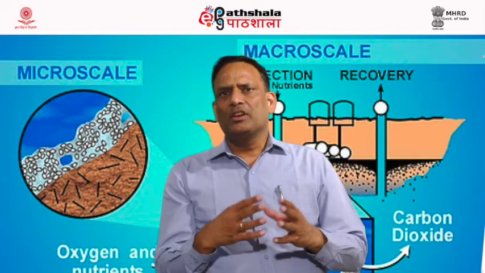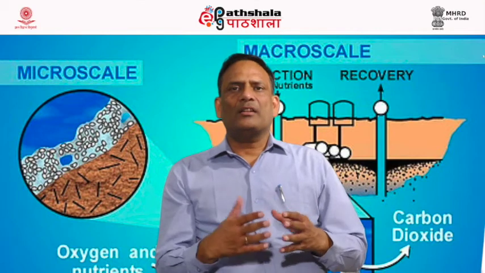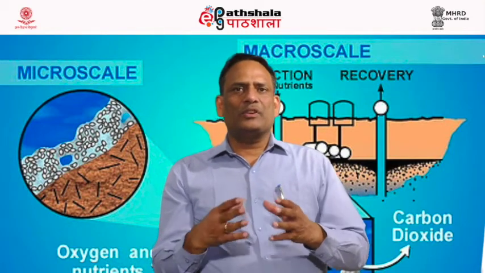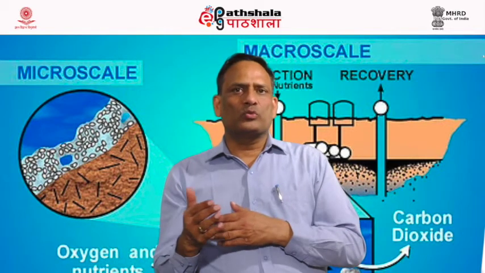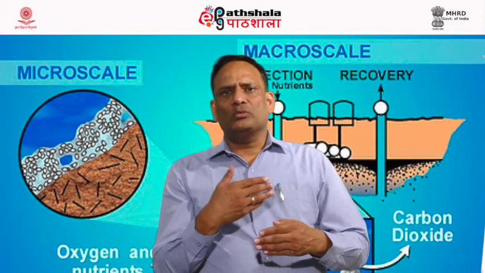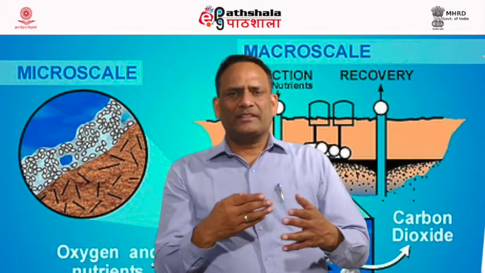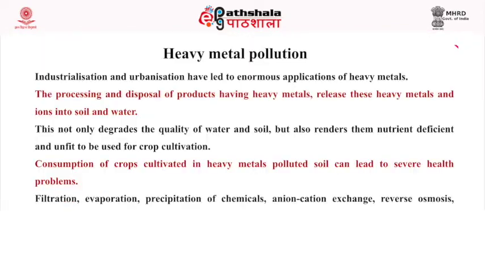A few to mention, for example, the Minamata disaster in Japan was due to mercury related compounds. Similarly, the Itai-itai issue, again in Japan, was due to cadmium, and we know that lead, arsenic, zinc, etc. also have their health effects.